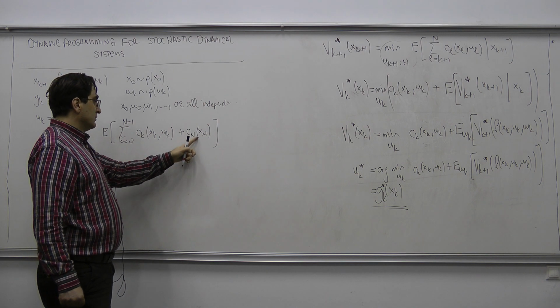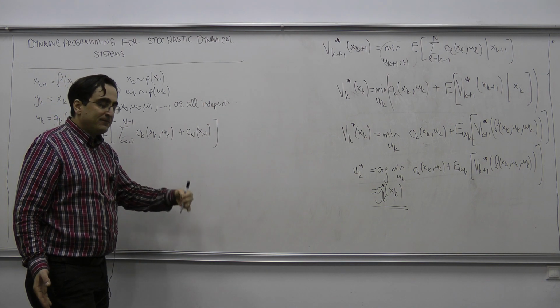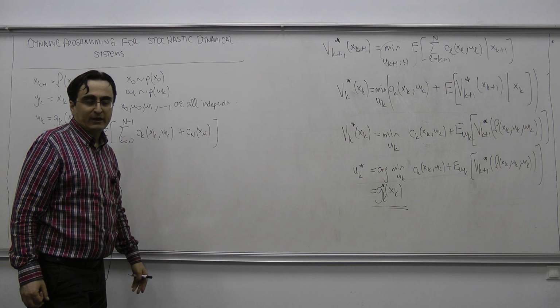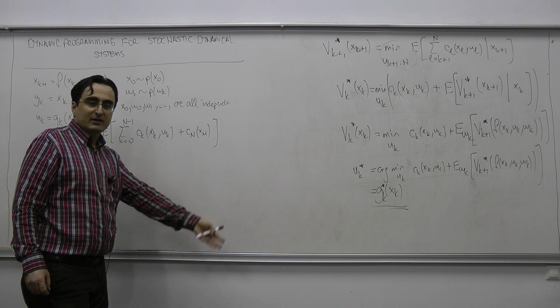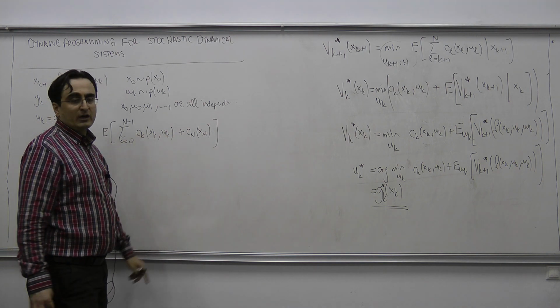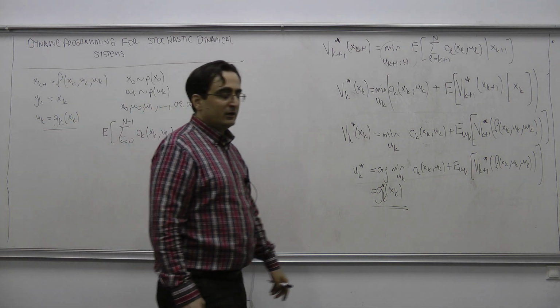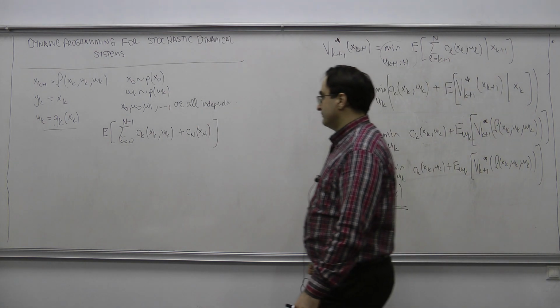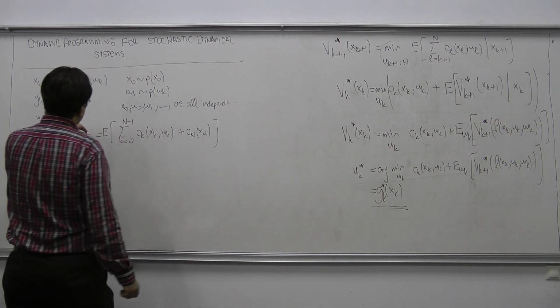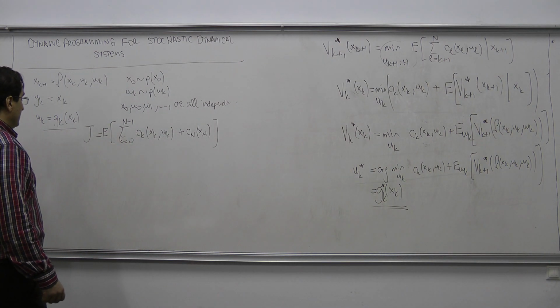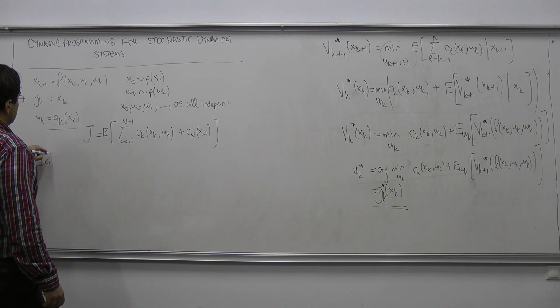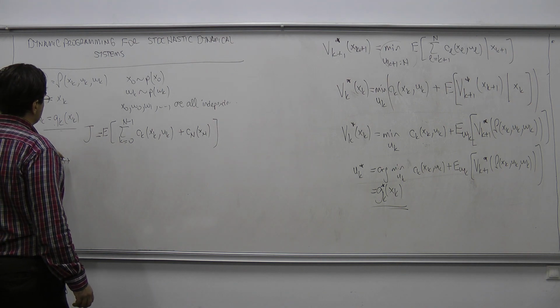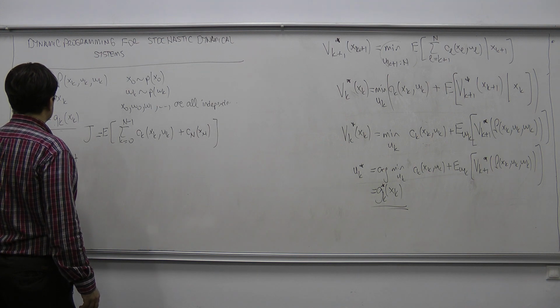So there is no input term in the last term here. This is because the input un affects only the future states, xn plus 1, xn plus 2, which are outside our horizon. So we don't consider the input un in the last time step. If this is our cost function, then we start our initialization for the dynamic programming as follows.